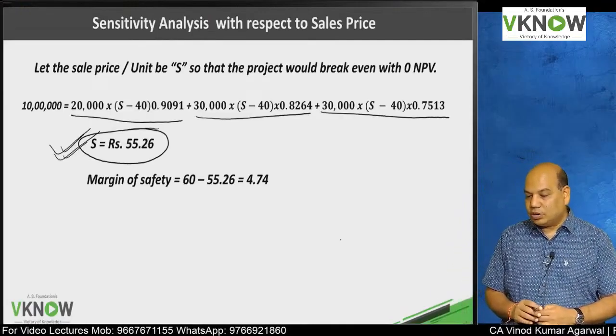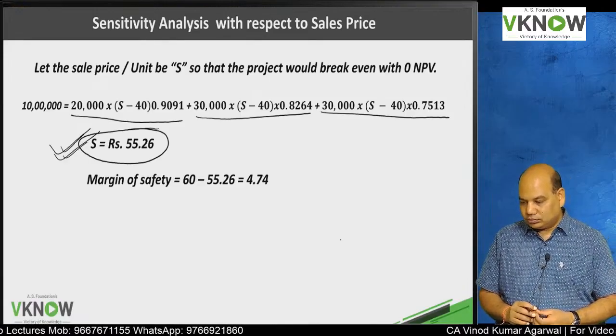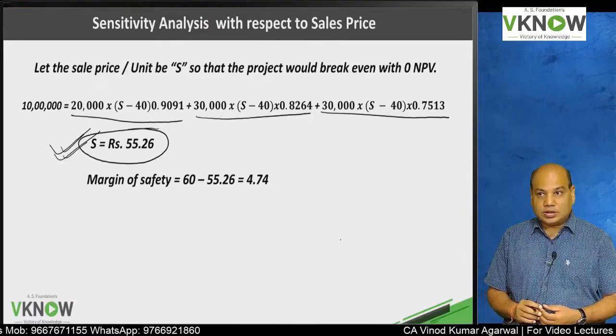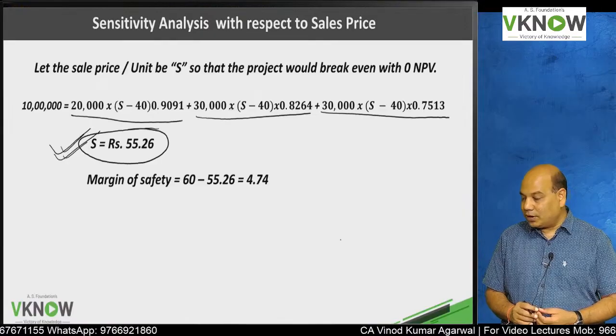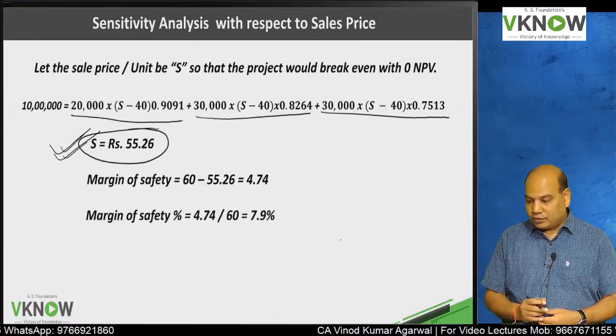Margin of safety equal to, my original estimated selling price is 60. I need a minimum of 55.26. So margin of safety is 4.74.